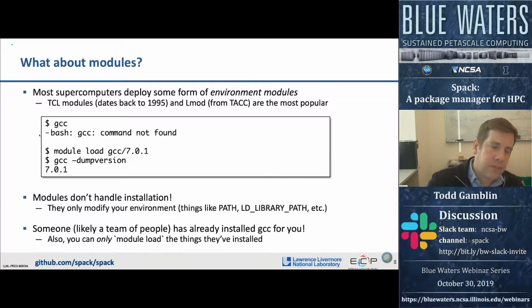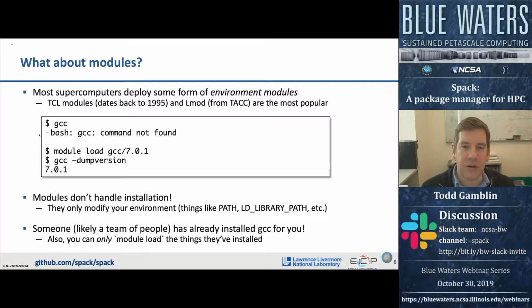So if you've used an HPC system, you're probably familiar with modules. You say module avail, you can see all the software packages available on the system. They manage your environment. And so, I mean, that's great. There are lots of people who spend a lot of time installing things and then building module files on top of that. But modules don't manage the installation.